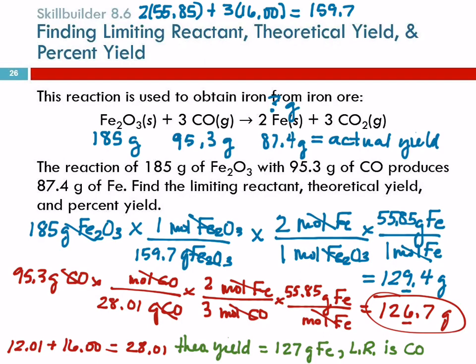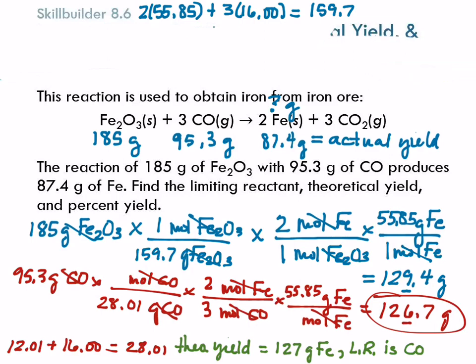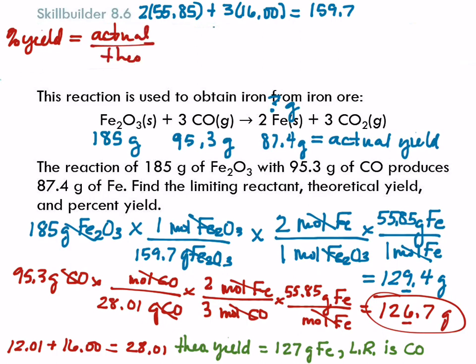What else do we need to find? The percent yield. So I'm going to create space. Do you remember what the equation for percent yield is? Actual over theoretical. So percent yield is the actual over the theoretical times 100.